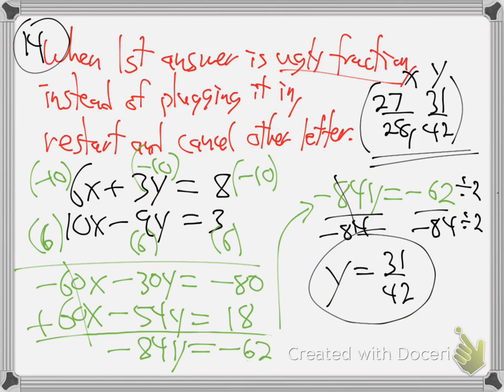Made the x's both 60, one negative, one positive. We got our other answer. So we really kind of avoided fractions all the way, didn't we? Even though it started with fractions and ended with fractions, we never did a lot with fractions. We just kept eliminating them and avoiding them. That's my theory. That's my algebra style: avoid fractions at all costs, whenever you can. Are we good with that? Questions on that? All right, let's take a break.